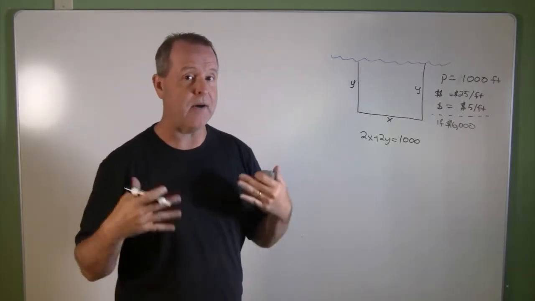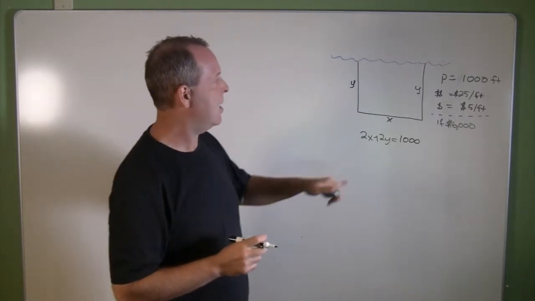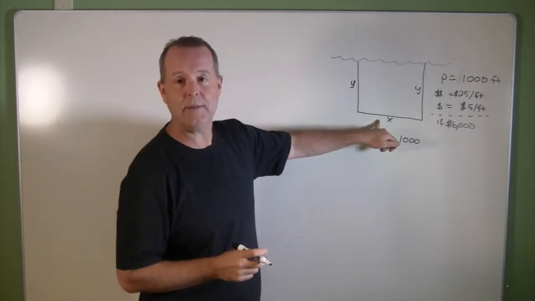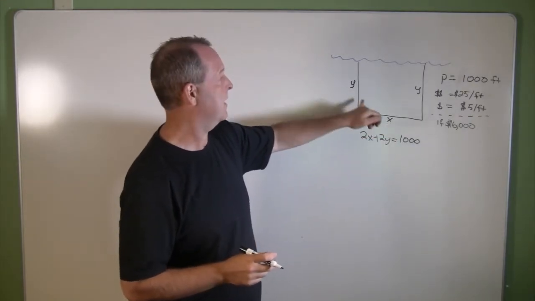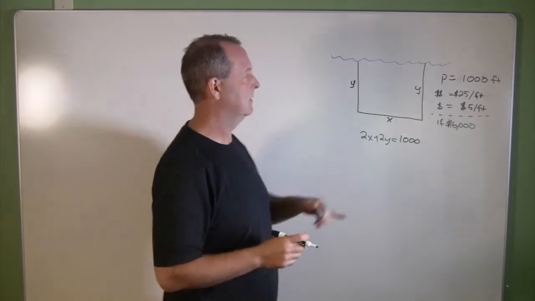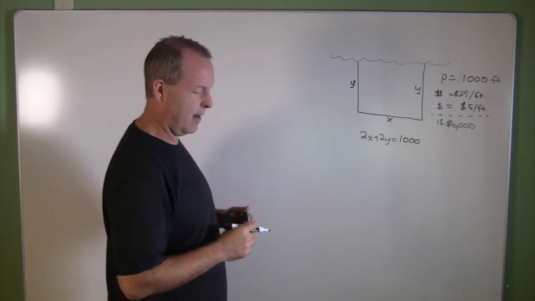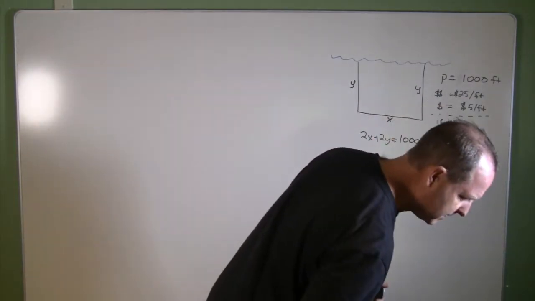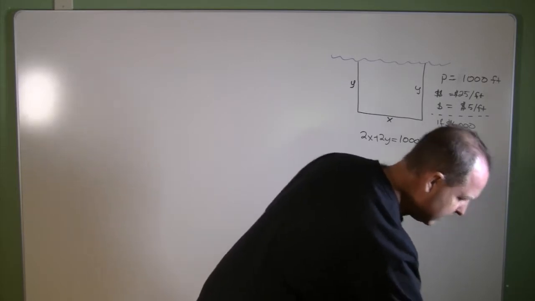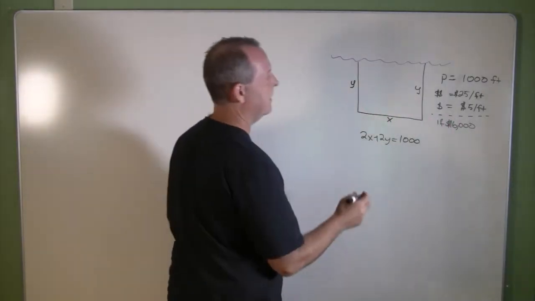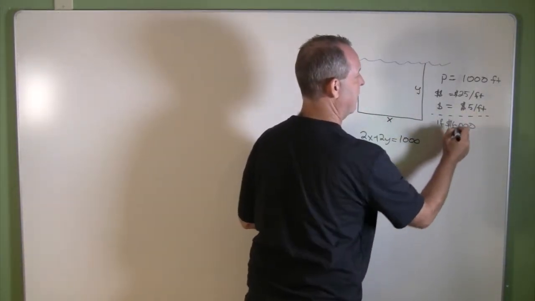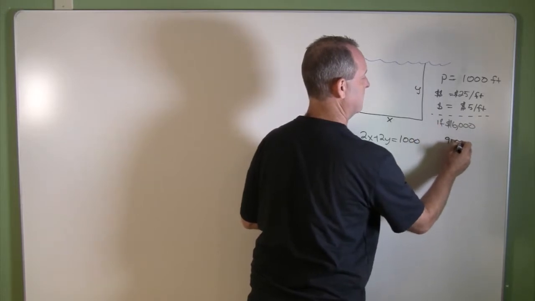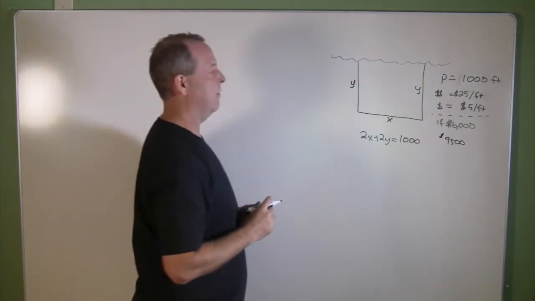Well, I know something about its cost. I know that he wants front-facing wood to be $25 per foot, and on the sides it's $5. So let's add that up. Did I give one more piece of information? I did. Sorry, I forgot one other piece of information.